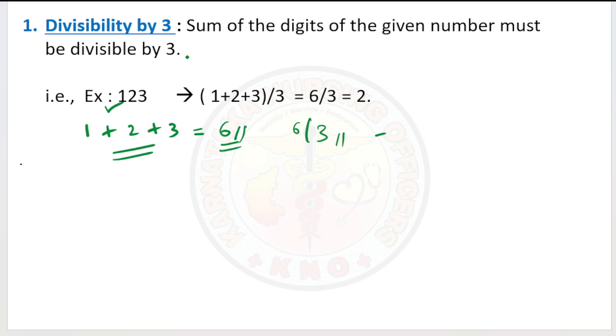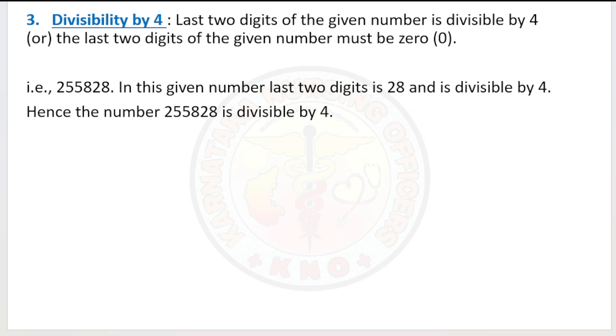Understood? Now let us move on to the next rule, that is divisibility by 4. Now let's see the rule first. The last 2 digits of the given number must be divisible by 4, or the last two digits of the given number must be 0. Here I have taken one simple example, 255828.